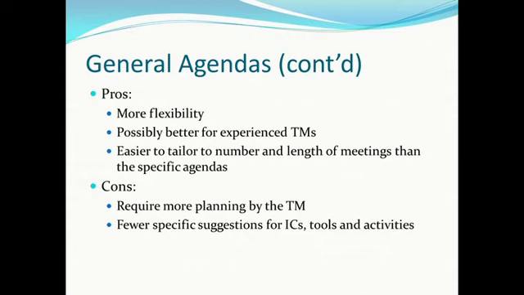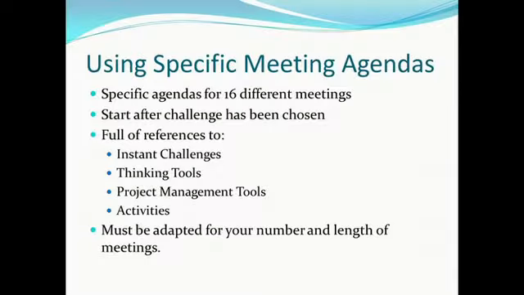So let's go on then to the more specific meeting agendas. There are agendas for 16 different meetings. The first one starts after the challenge has already been chosen. So you'll need to do one of the other agendas in the other section first, just to come up with a challenge that your team's going to do.